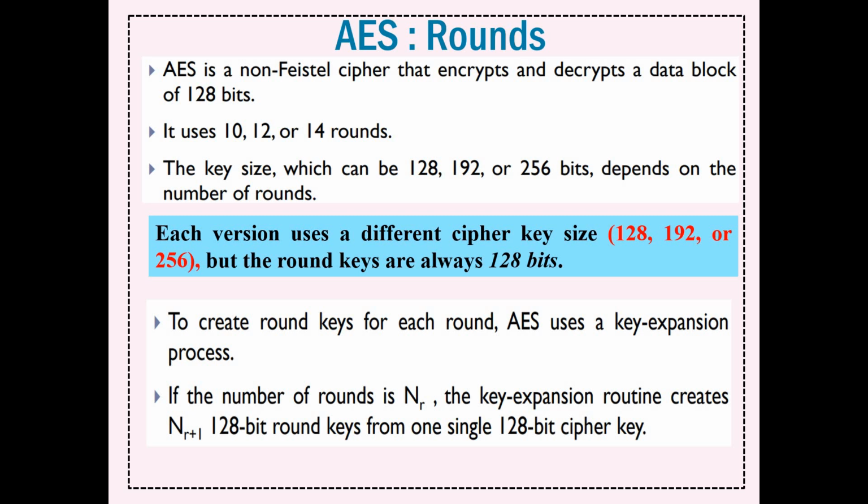Another thing highlighted for AES was that there were different sets of rounds. That means we have 10 rounds over here. Maybe you can mention 10 rounds, 12 rounds, and 14 rounds, instead of the fixed rounds in case of DES.